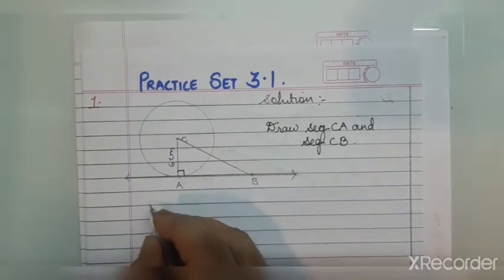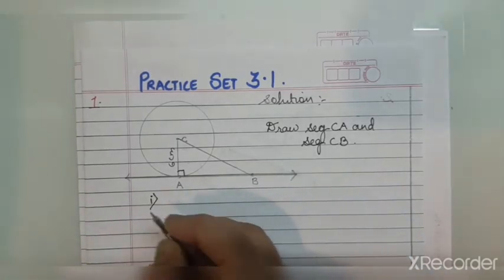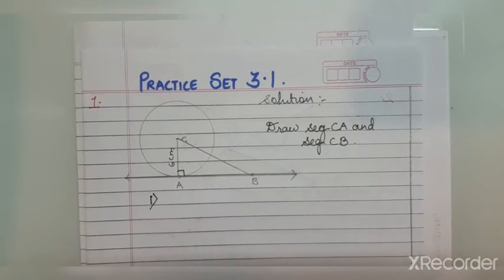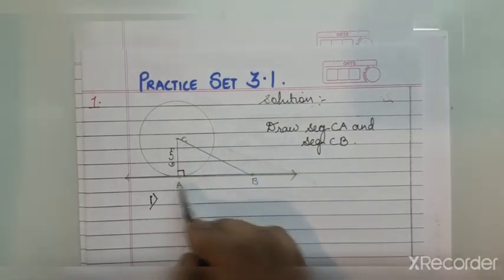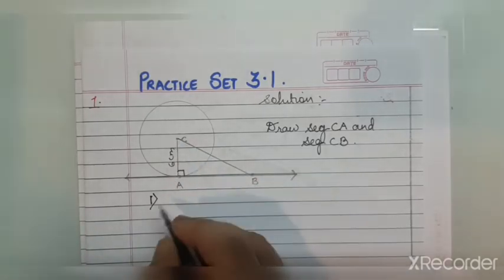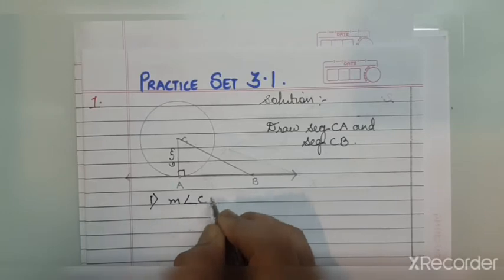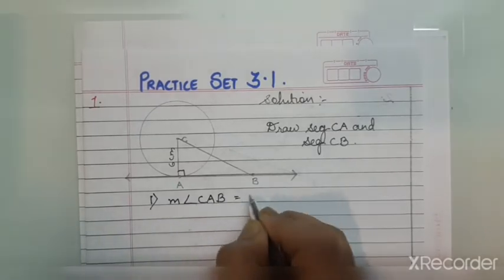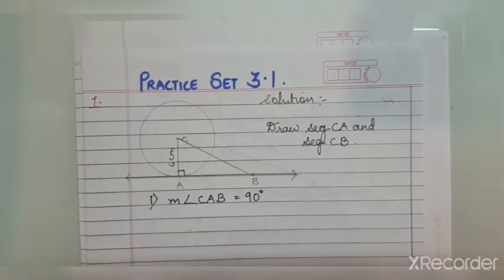Now the first question is, what is the measure of angle CAB? Now look at CAB. Just now we marked that it is perpendicular. So measure angle CAB is equal to 90 degree. Okay, now why is it 90 degree?